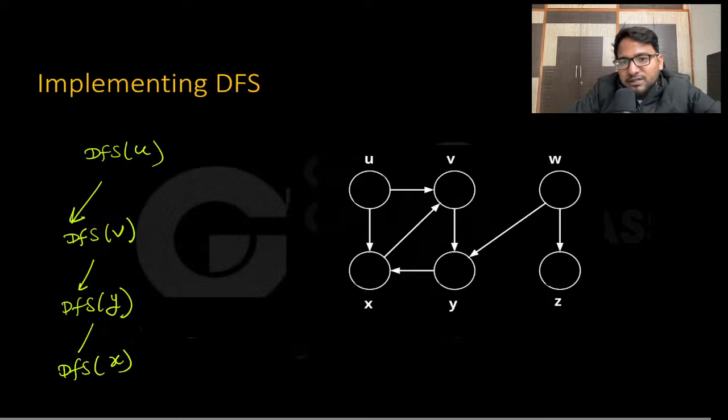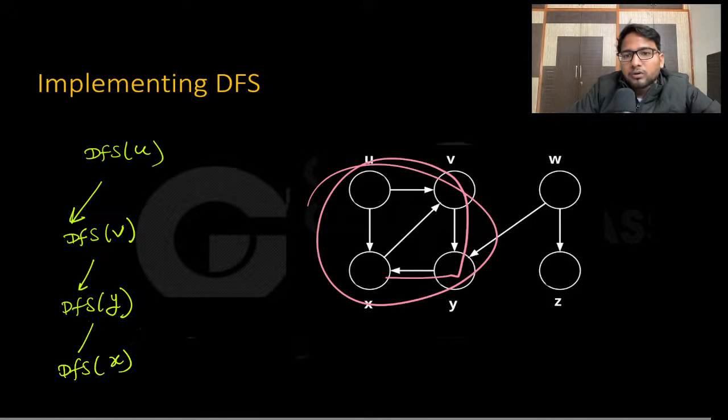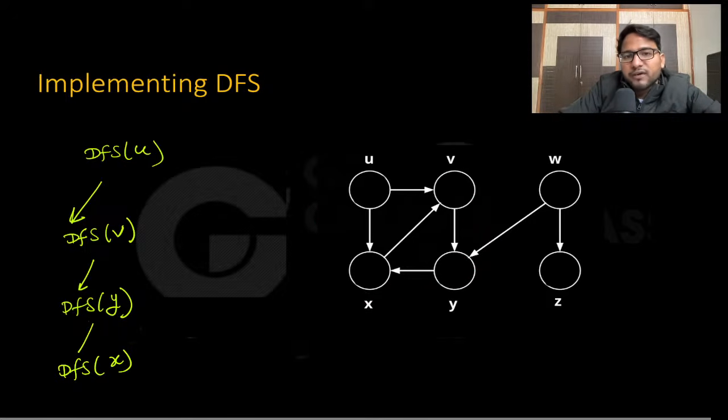X will say, okay, I'm done. Now this will go to Y, and then this will go to V, right? And then I think everything is done here. Now the next thing that you will be calling is DFS of W. That will call DFS of Z.